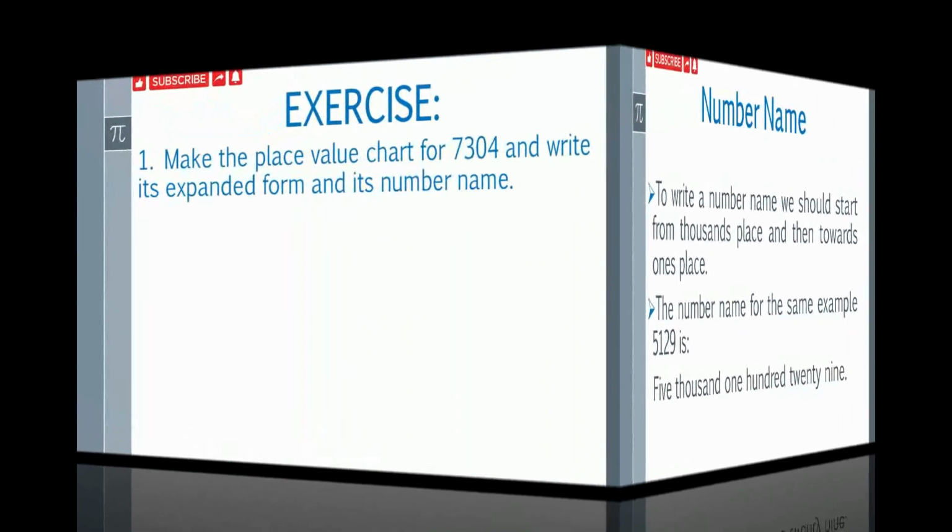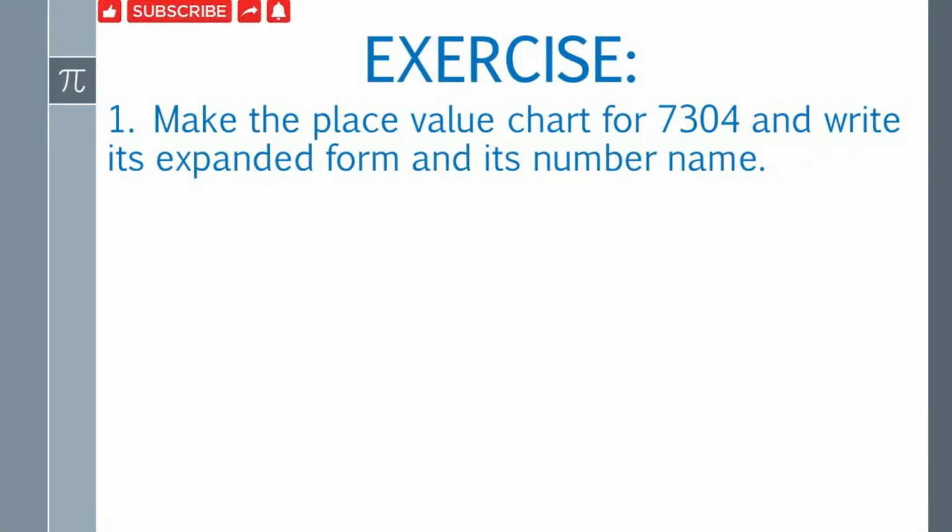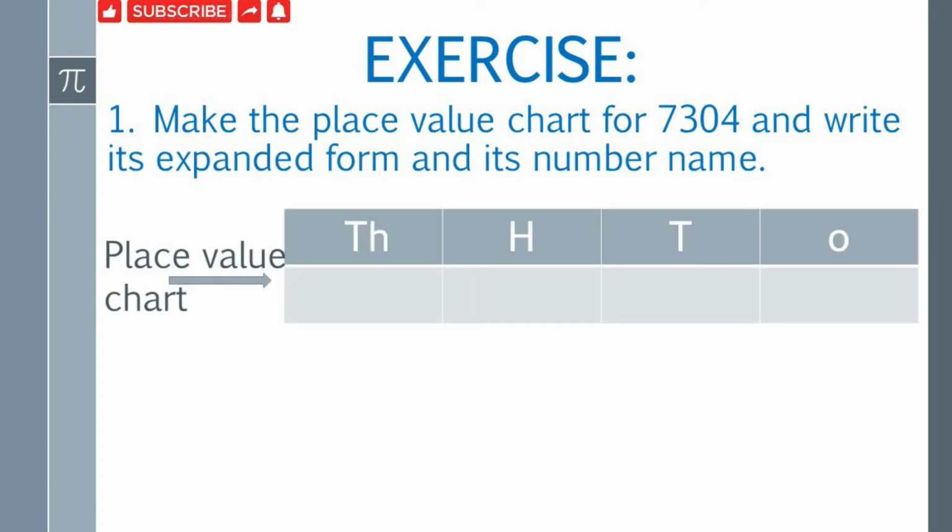Now children, let us revise what we have learned so far with the help of an exercise. Our first question is, make the place value chart for 7304 and write its expanded form and its number name. So this is how we will form the place value chart.